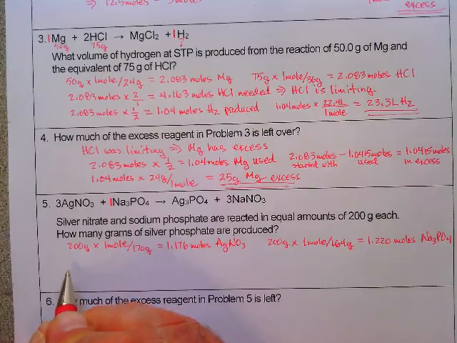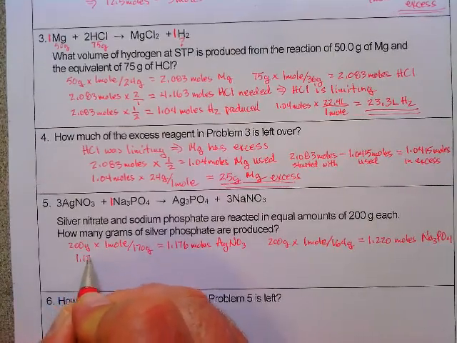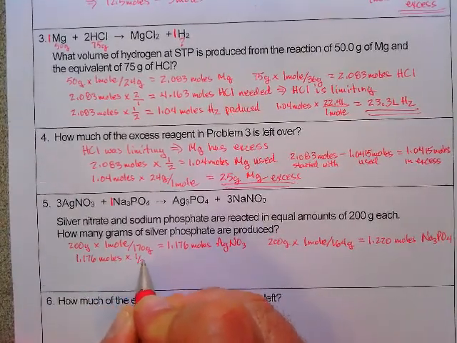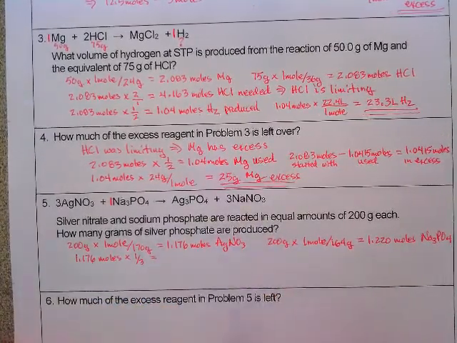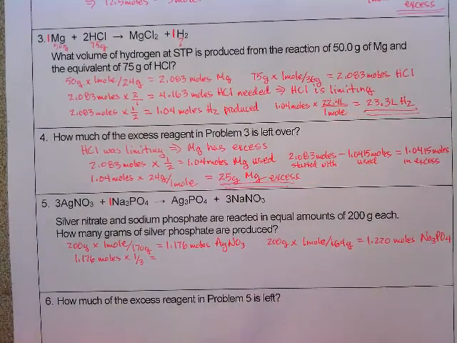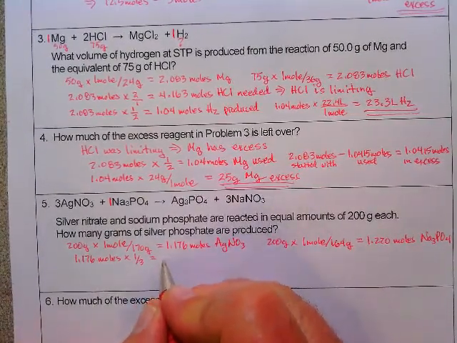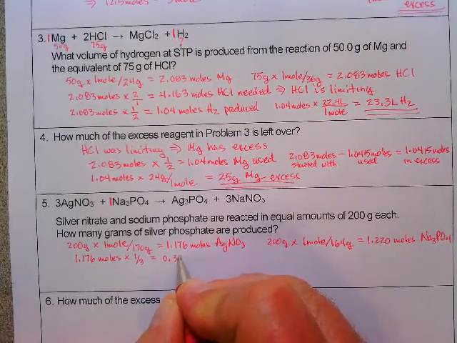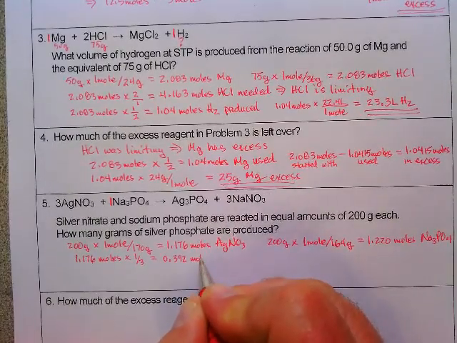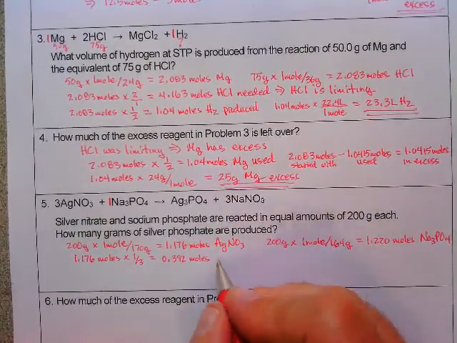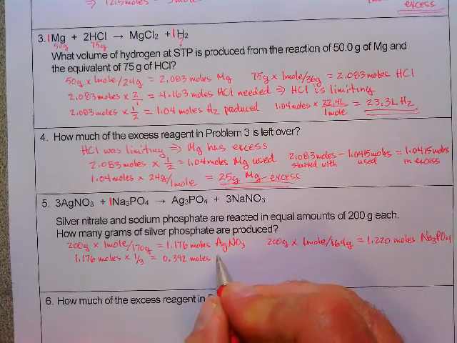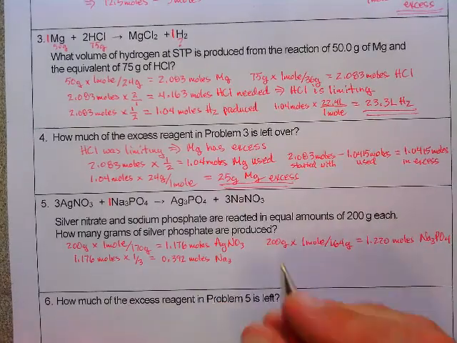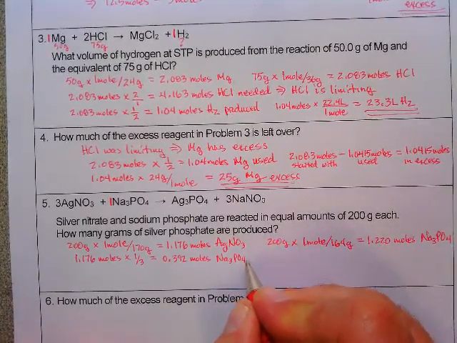And so I'm going to take my silver nitrate, 1.176 moles, times 1/3, and that's going to give me 0.392 moles of Na3PO4 needed.